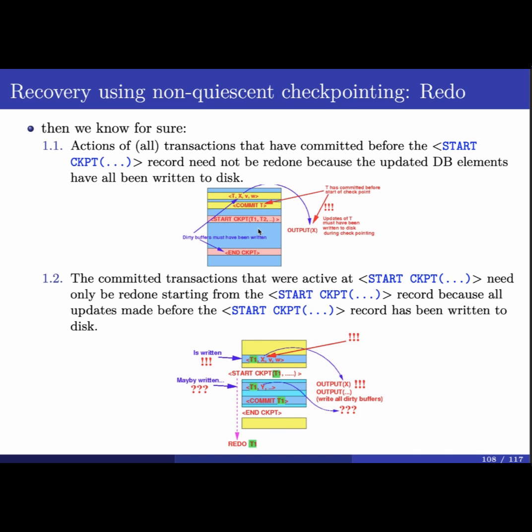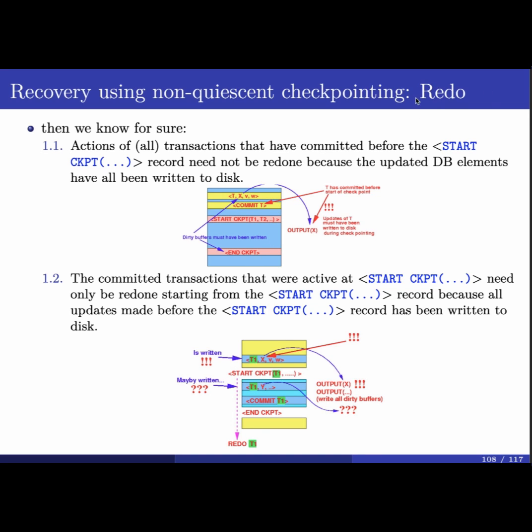That means in this case I don't need to redo this again. So all the portion of the data that belongs to the committed transactions, we are not going to touch. So it looks like we have talked about recovery using the non-quiescent checkpoint with redo here.